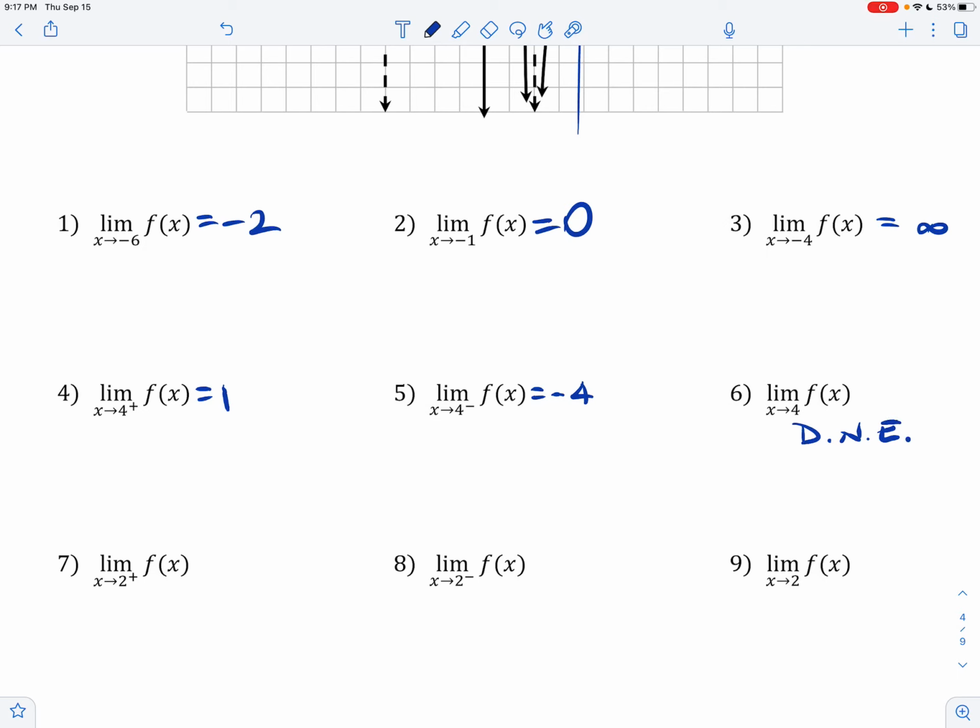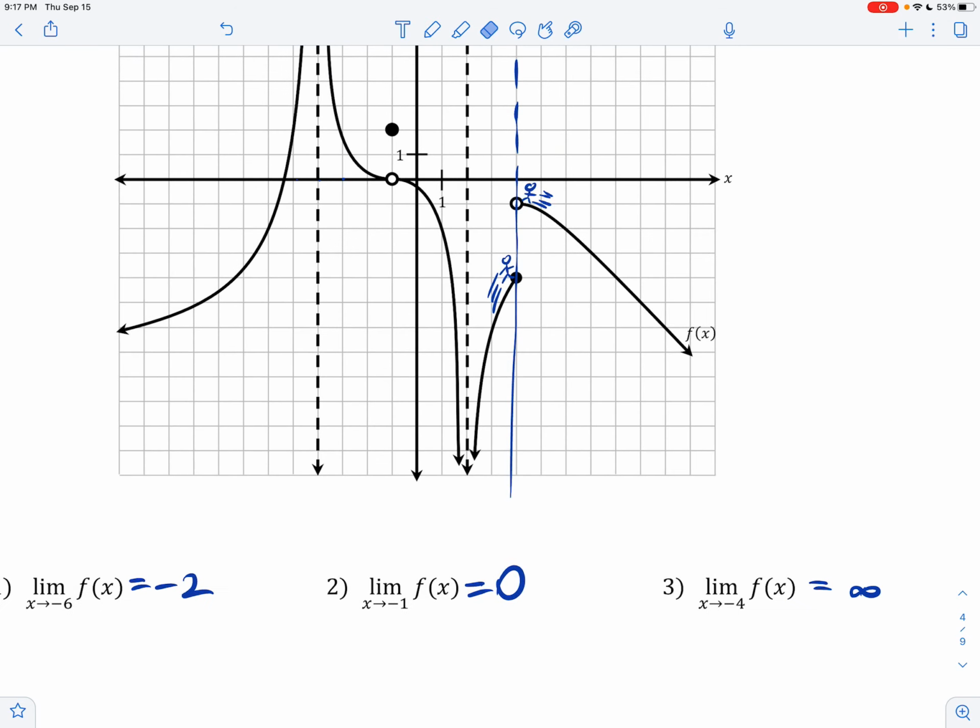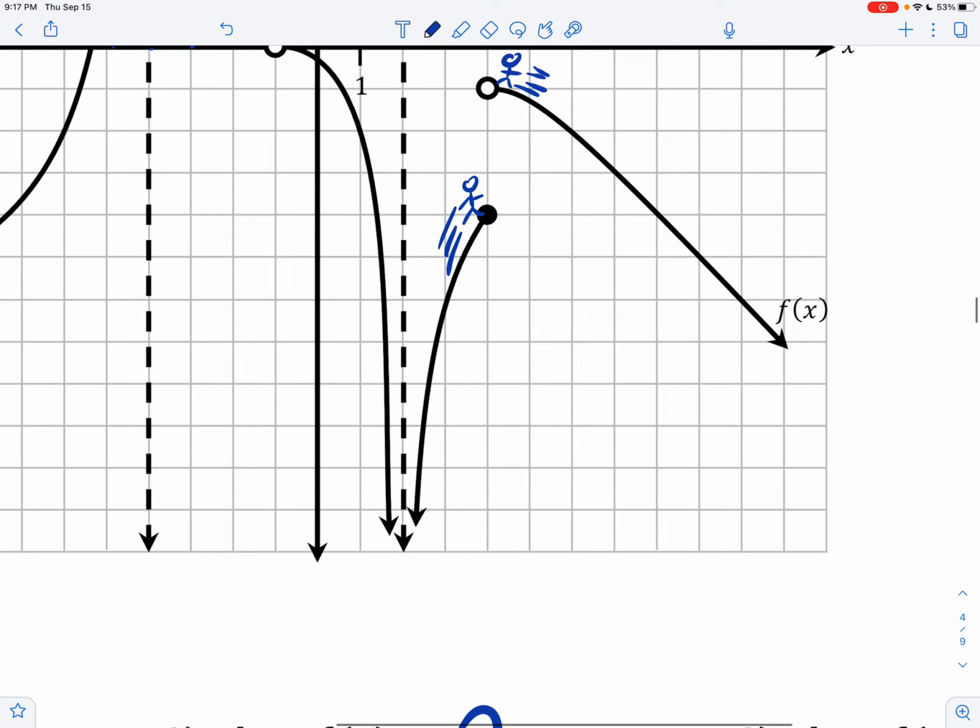Looking at what happens when x goes to 2 from the right. Let's get rid of some stuff we don't need here. Here's our value of x equals 2. When we referenced this with the other asymptote. But maybe a person's approaching 2 from the right side.